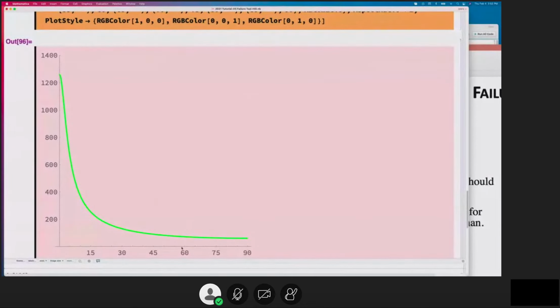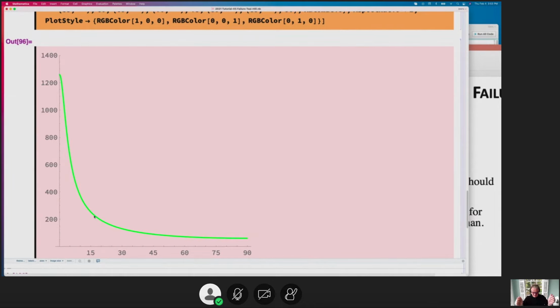So a layer with 0 degree angle is going to fail up until this level, which is about, I suppose, 1250 megapascals, let's say. But if I change the orientation angle to 15 degrees, look at how fast the strength is decreasing. Okay?